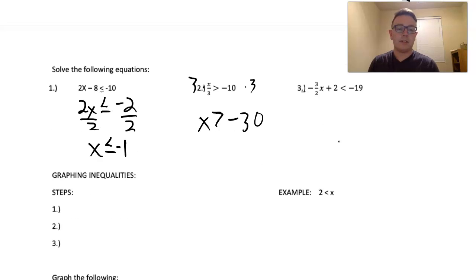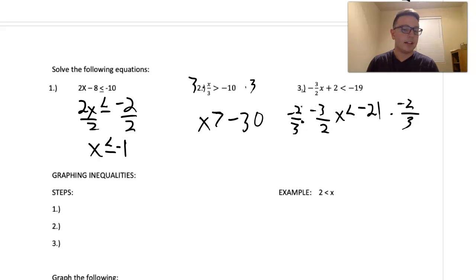For this one, we have to start by subtracting the 2. So we get -3 over 2x is going to be less than -21. Now, how do we get rid of this? We're going to have to multiply by the reciprocal. So we're going to have to flip this fraction, and we want the negative to come along for the ride. But wait, notice we have a negative.